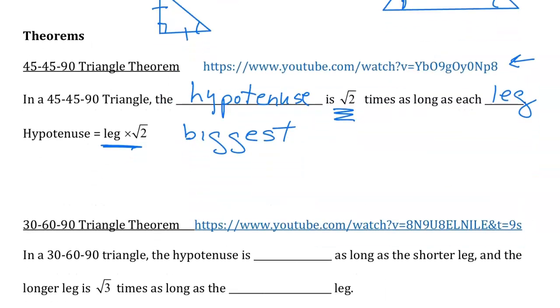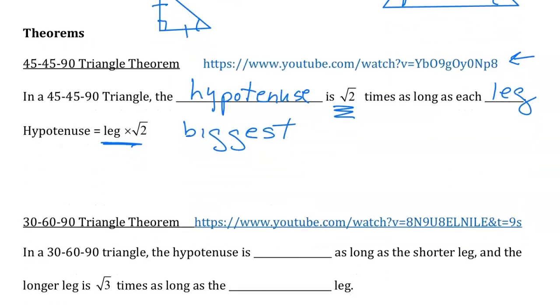Now, that's one way to think about it, but I'm going to have you think about it like this. Here is your isosceles right triangle, also known as a 45-45-90 triangle. If I label these sides A, then this side, the biggest, is A root 2.